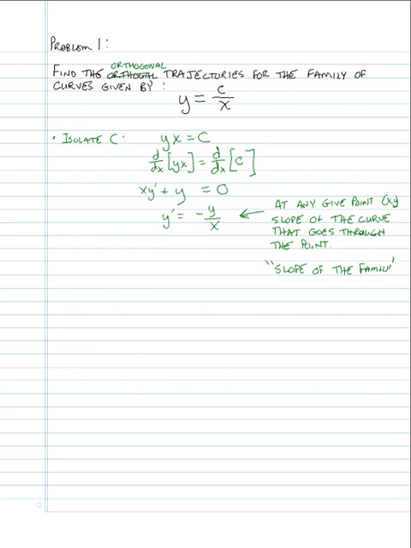Now, here's the big thing. We know that to be orthogonal, that is, perpendicular, perpendicular lines, I'm going to say perpendicular slopes, are negative reciprocals of each other.